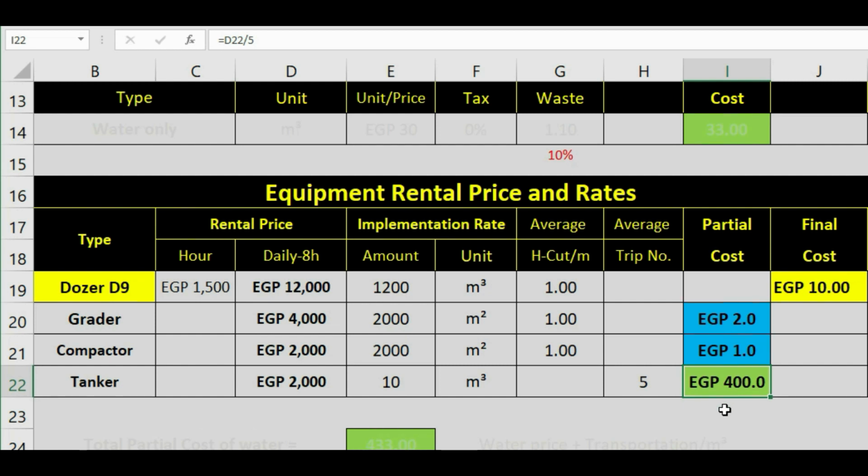It means that each 10 cubic meters of water transportation costs 400 Egyptian pounds. But we are interested in the cost of 1 cubic meter of water. This 400 will be divided over the capacity of the tanker, which means that 1 cubic meter of water transportation costs 40 Egyptian pounds.